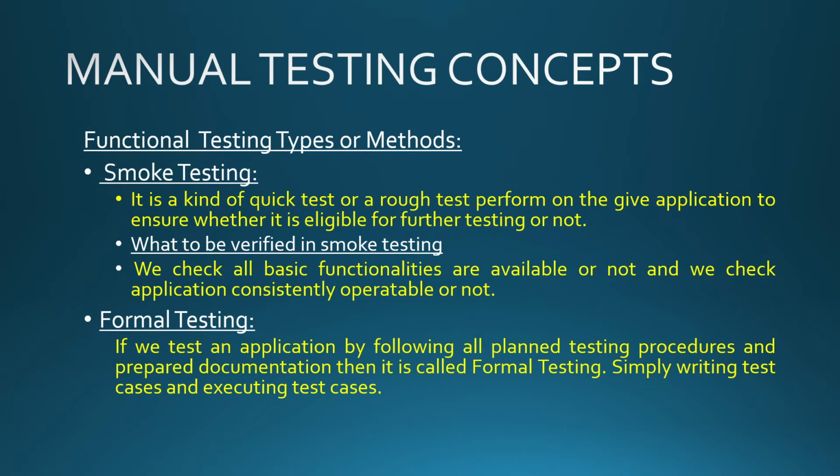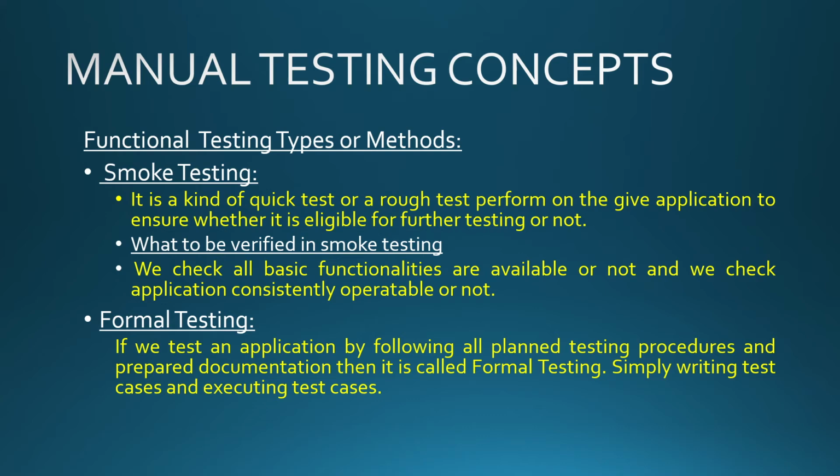Okay, then the next functional testing type here is formal testing. Formal testing means if we test an application by following all planned testing procedures and prepared documentation, then it is called formal testing.